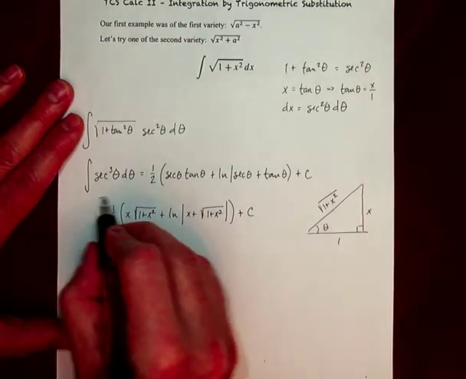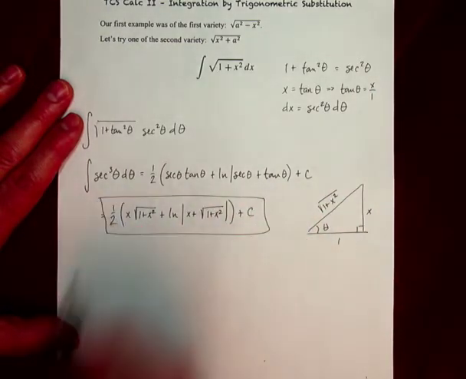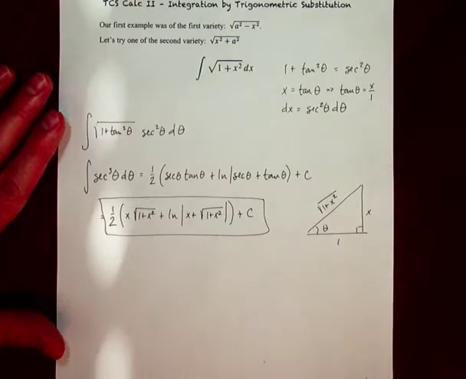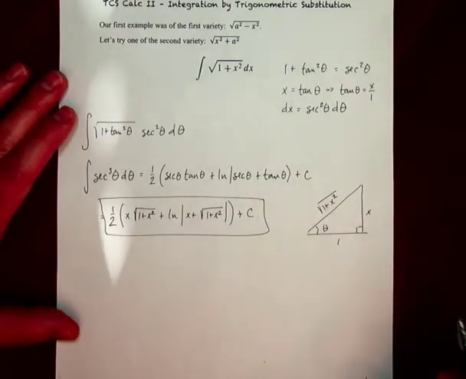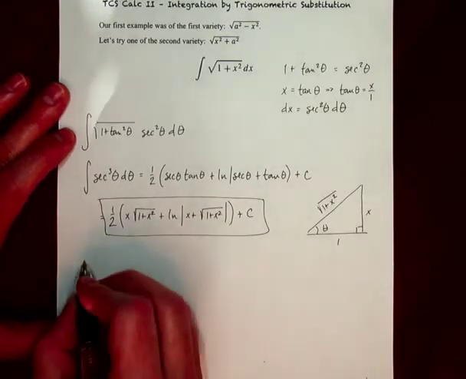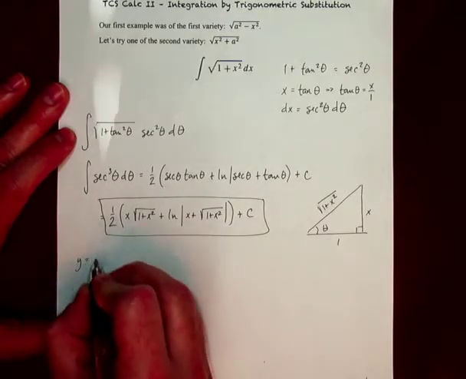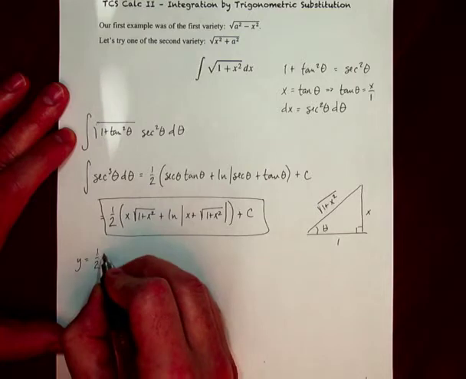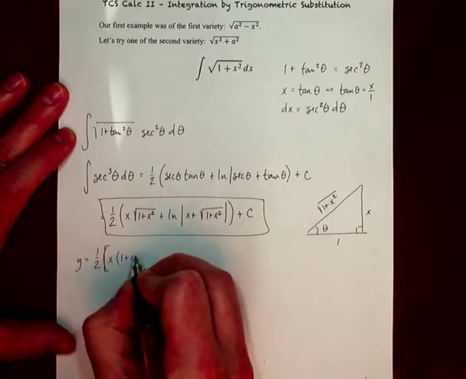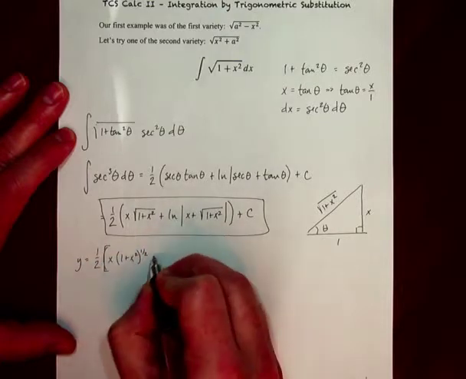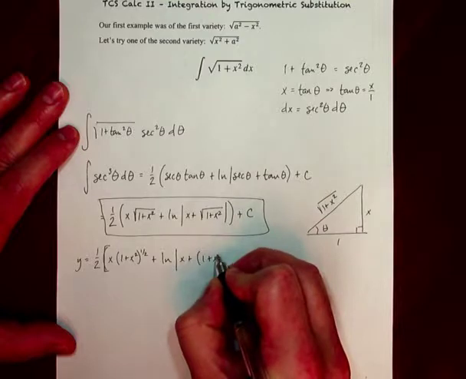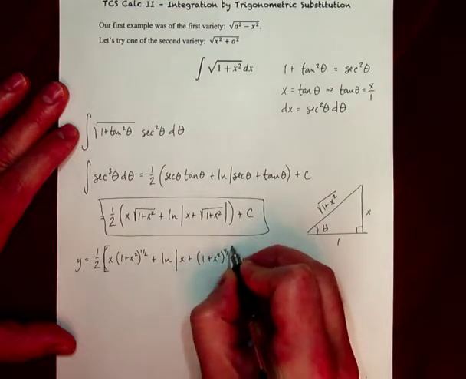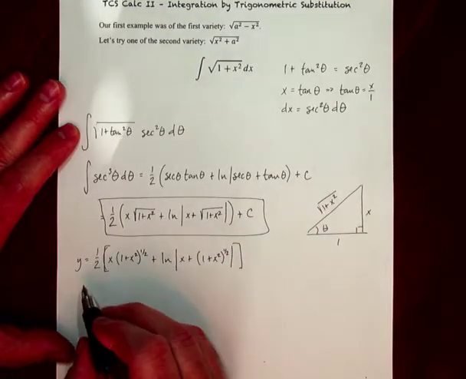And that actually winds up being your integral. And if you want to go ahead and check it, you can. You would just have to basically set this equal to 1/2 times x times 1 plus x squared to the 1/2 plus the natural log of x plus 1 plus x squared to the 1/2, and then differentiate.